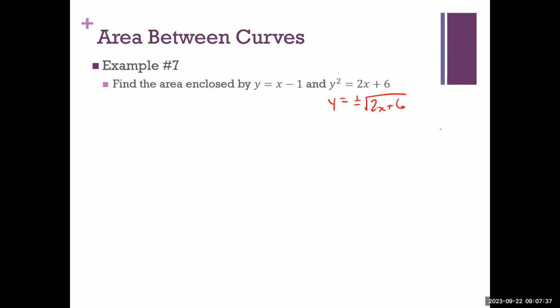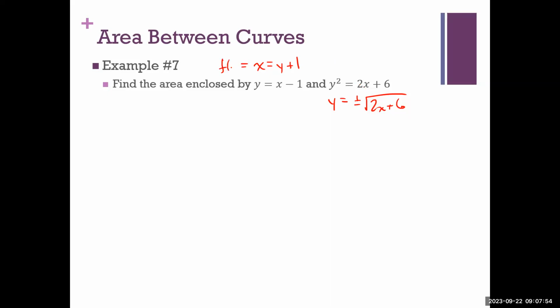We can do that. You would rather not? Okay. So if we would rather not do it that way, then basically I want x to be a function of y.